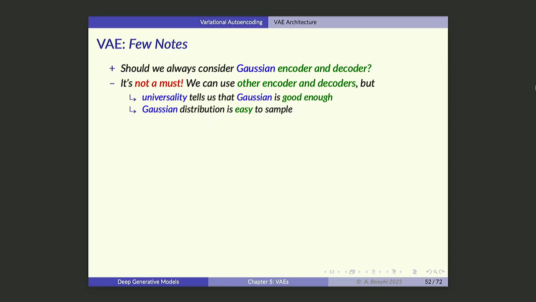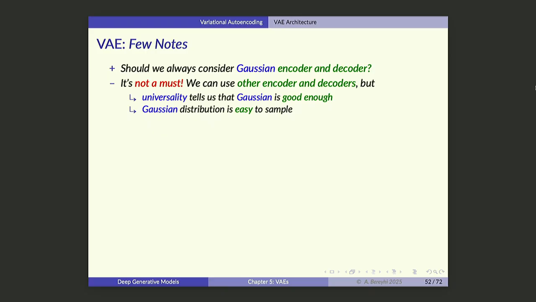You can have more complicated distributions. There are actually papers out there where people try to, for example, consider those conditional distributions with some simple energy-based models or so, right? But the key point here is that given the universality that we have for Gaussians, they are good enough. So we don't really need to panic about like we are totally suboptimal.